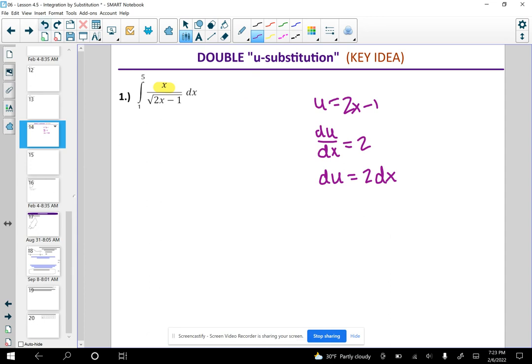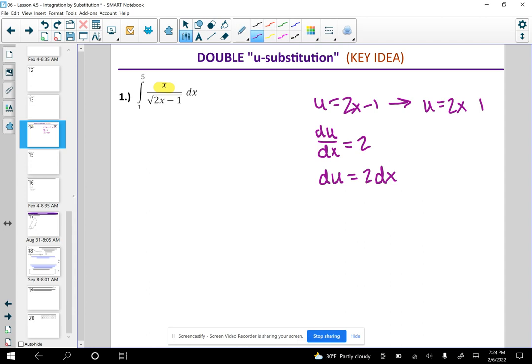So what we're going to do is take what we let U be and solve this for x. I'm just going to rewrite it over here.